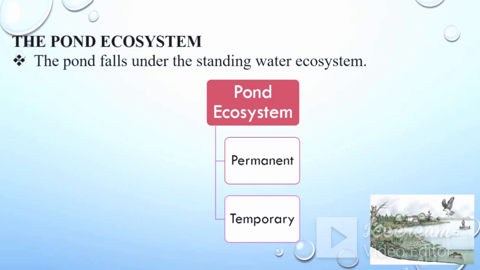First, the pond ecosystem. The pond falls under the standing water ecosystem. The pond ecosystem can be categorized into two major forms based on the water availability, that is, permanent and temporary. Where the water is found throughout the year is called permanent.